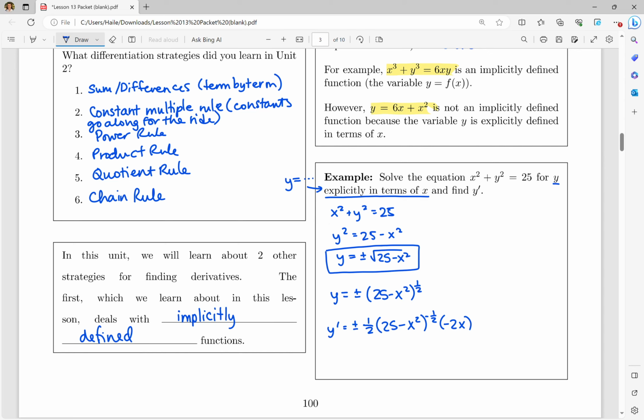To simplify, when we multiply the negative sign times the plus or minus, it switches around to a minus or plus, like we've seen before with our true facts on limits. Also, the 2 and the 2 cancel out, and so we have minus or plus x over the square root of 25 minus x squared. So that's our y prime.